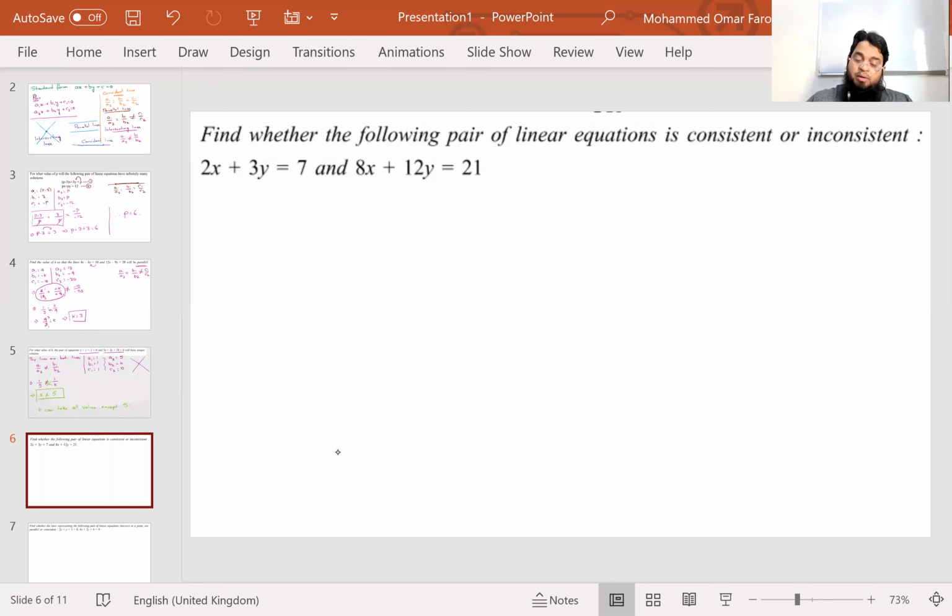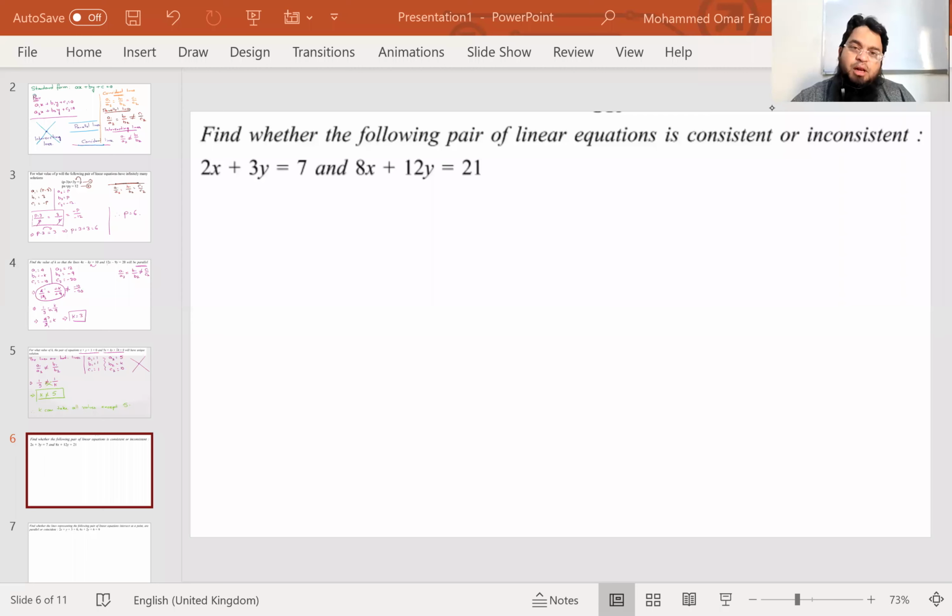So now let us go. Find whether the following pair of linear equations is consistent or inconsistent. So my dear students, let us recall the concept. If the lines are intersecting, those lines are called consistent. And if they are parallel, they are called inconsistent.